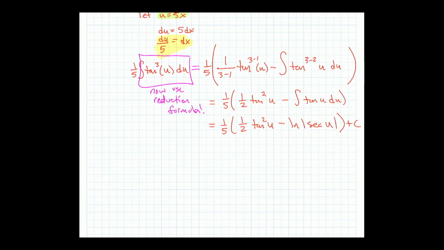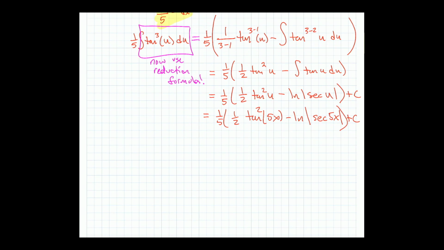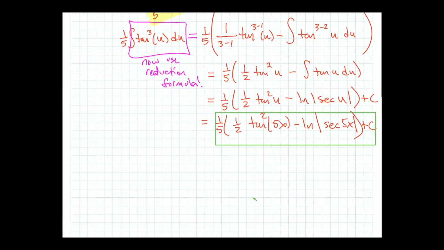U was 5x. So you end up with 1/5 parentheses 1/2 tangent squared 5x, minus ln absolute value secant 5x plus c. And if you want, you can multiply that 1/5 through, or you can be lazy like me and not. And there you go. So that's my answer there.